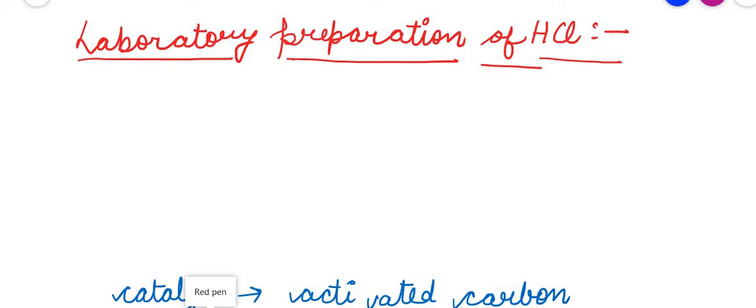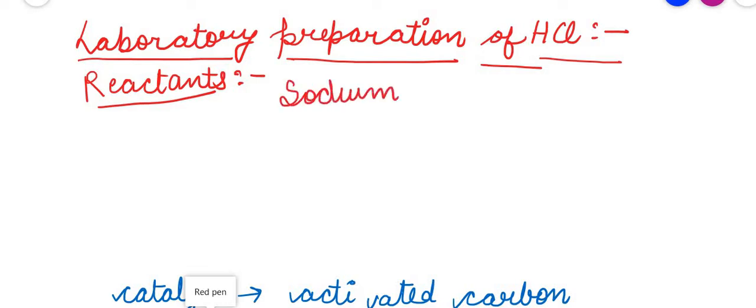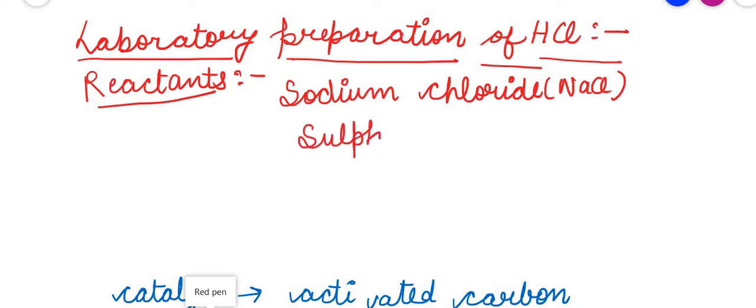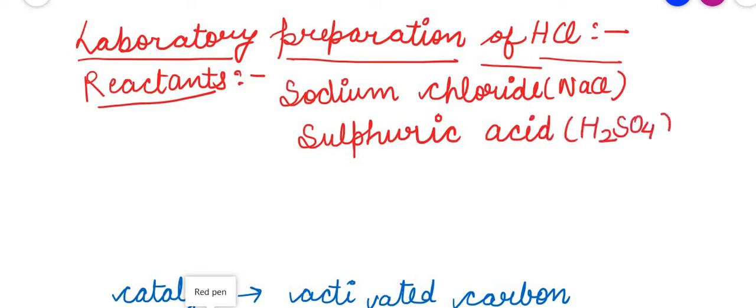What are the reactants you are using in that situation? Your first reactant is concentrated sulfuric acid on sodium chloride. The method will remain the same: we are using sodium chloride, NaCl, along with sulfuric acid, H2SO4.